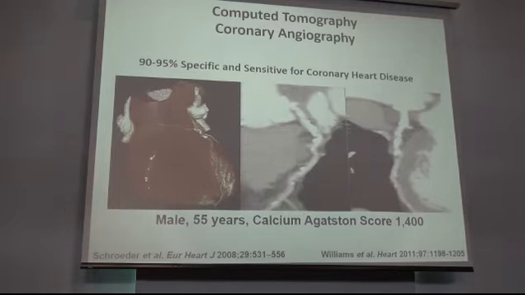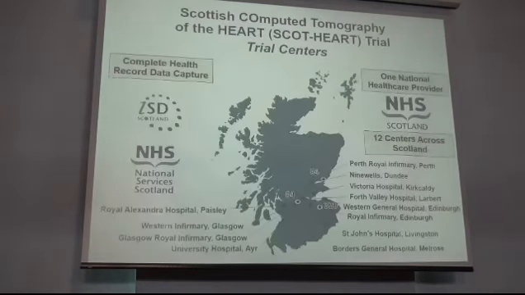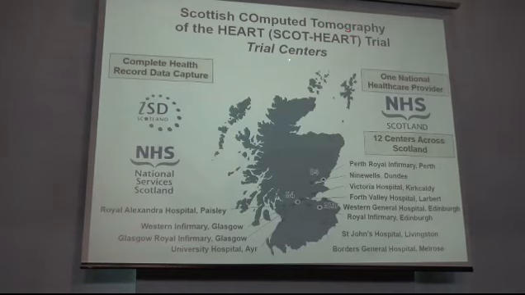Because that's what we want to do. So, and it's important. So what we did is we did a study called the Scott study, okay? Or the Scott Heart study, okay? And what we did across 12 centres in Scotland, because we've got the infrastructure, we said we're going to run the same studies with the same protocol across all these centres.